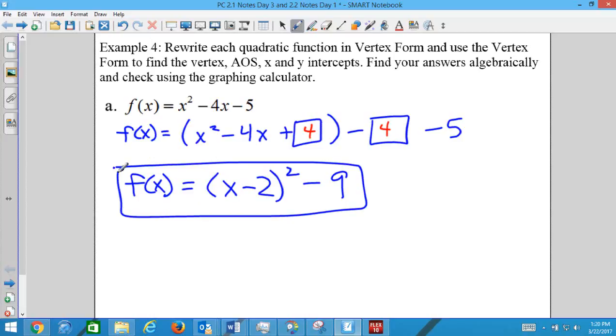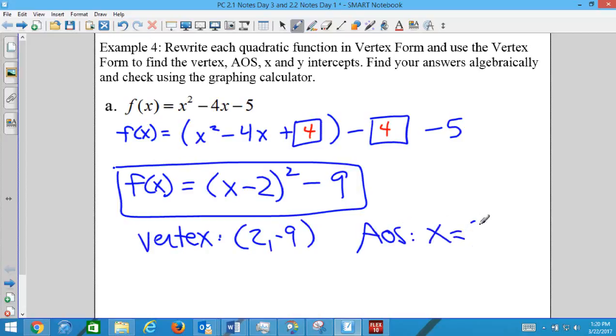And why would I want it in vertex form? So I can find the vertex really easily. Otherwise, I'd have to do negative b over 2a and then take that number and plug it back in. But this way, if I put it into vertex form, what's my vertex? 2, negative 9. And what's my AOS? 2.